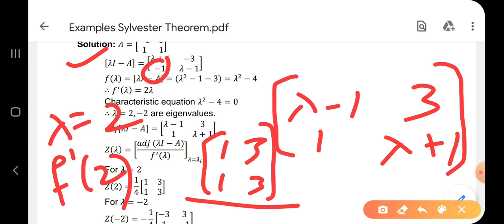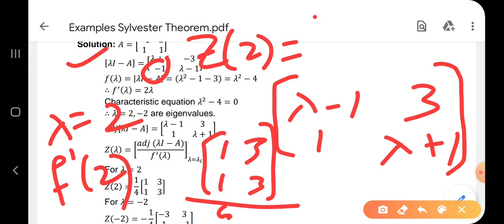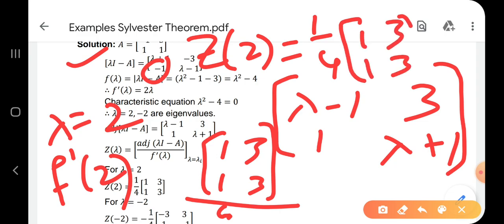You remember equation 1? In equation 1, f dash of 2 is 4. So our answer, the first value, z of 2 is equal to 1 by 4 times 1, 3, 1, 3. Understood?